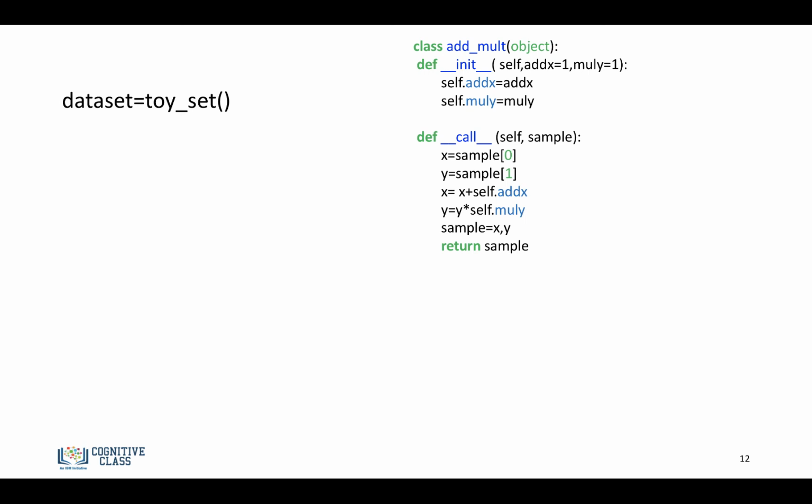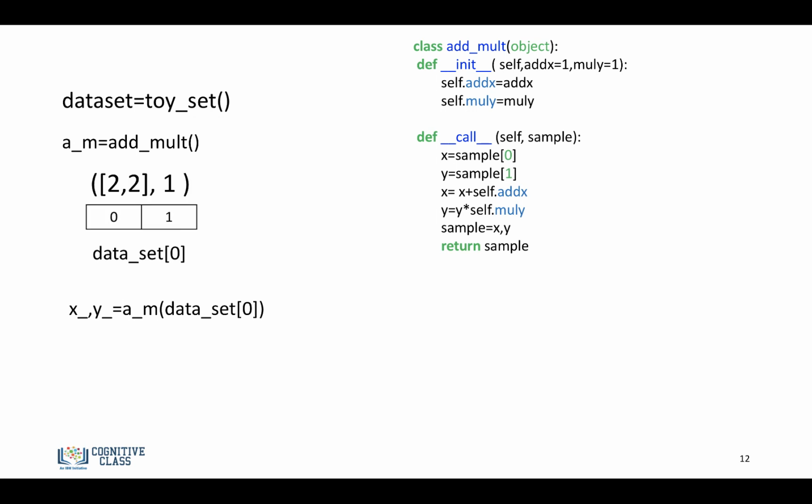So the first way to use transforms is to create an object of that class, and we'll call it a_m, and we can apply it directly to the dataset sample we want. If you recall, initially the values were 2 and 1. So when we use the object and apply our data sample as an argument, the first element of the tuple will be assigned to x, and the second element of the tuple will be assigned to y.